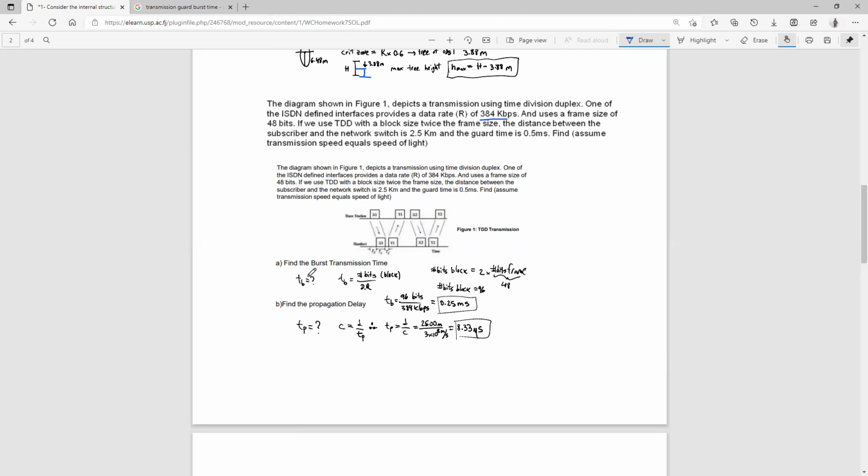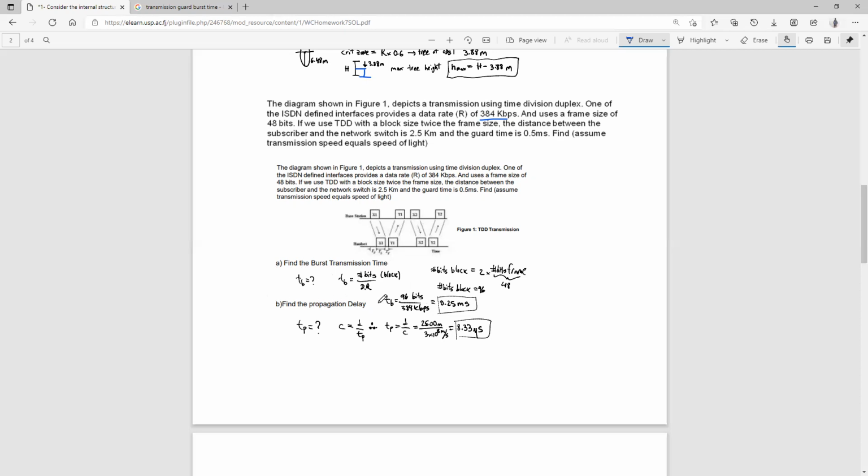We know the data rate. So our burst time is the number of bits, 96, divided by the data rate, 384 kilobits per second. So our burst time is equal to 0.25 milliseconds, right?